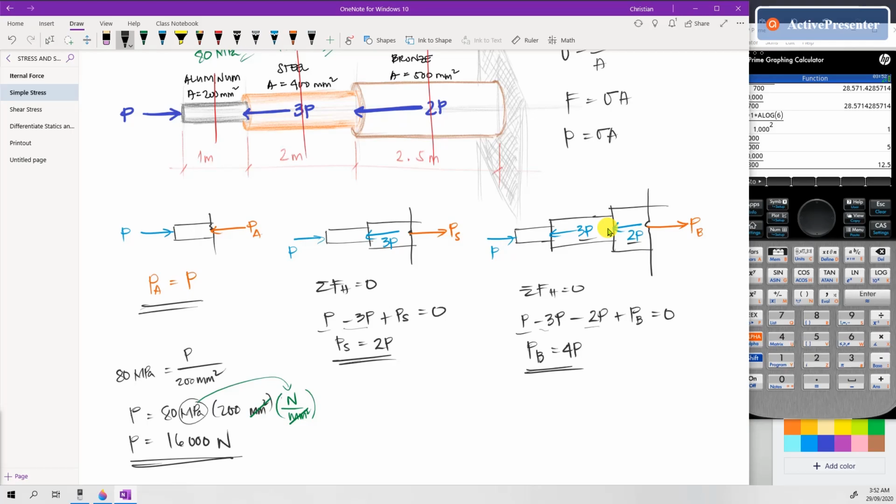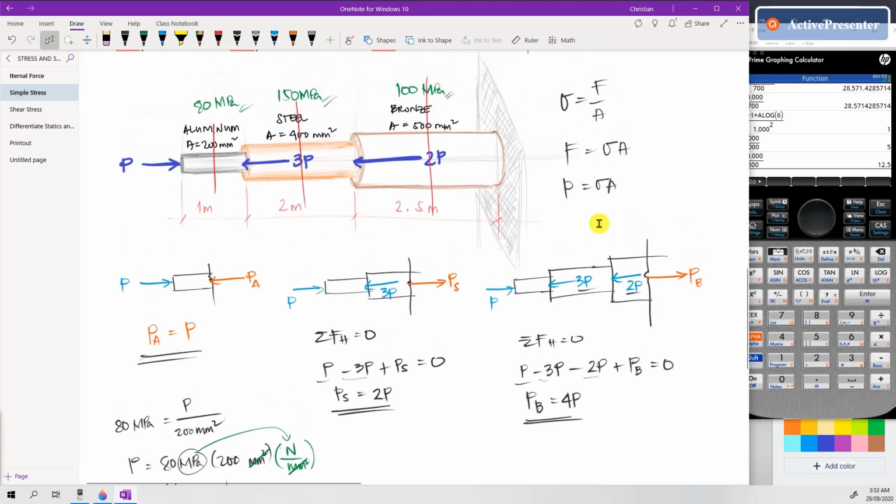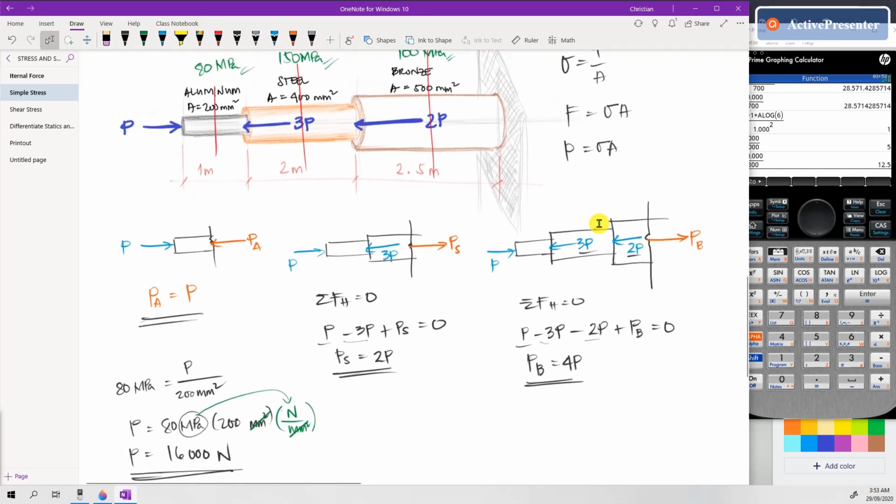So, let's proceed dito sa steel. Okay? So, again, yung stress allowable is, given doon, 150 Newton per millimeter squared or megapascal. Then, this is equal to yung force over area.